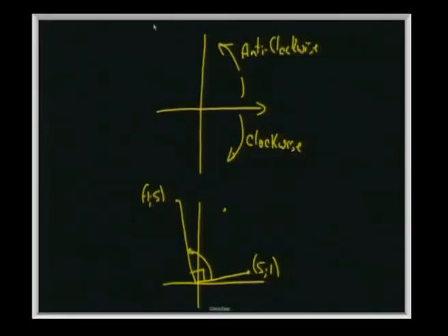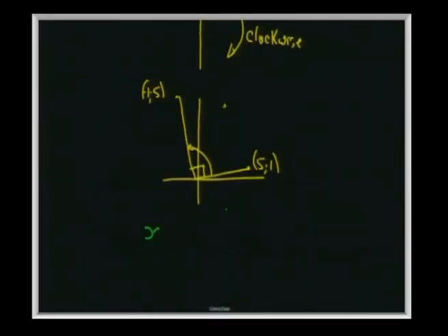Let me change color pens and write that algebraically. So what we have is (x, y) becomes (negative y, x). So this is rotation of 90 degrees anti-clockwise.